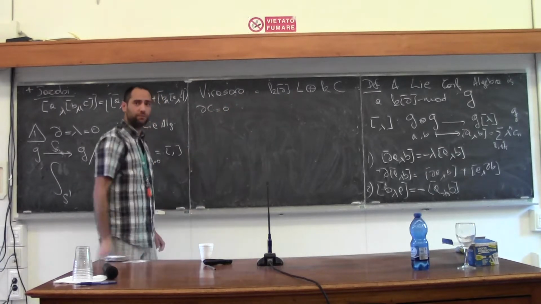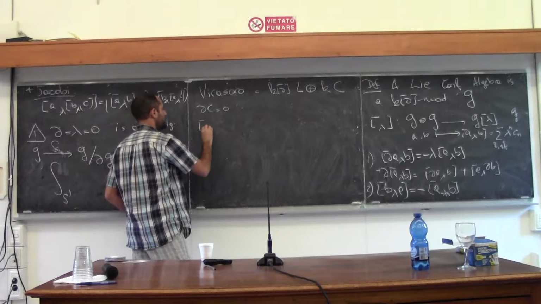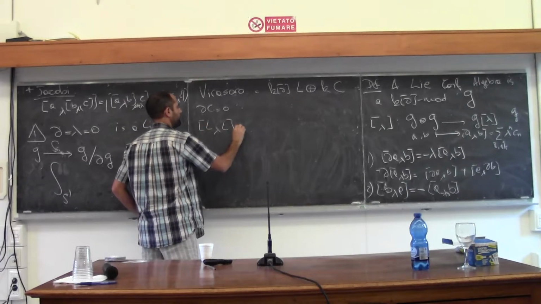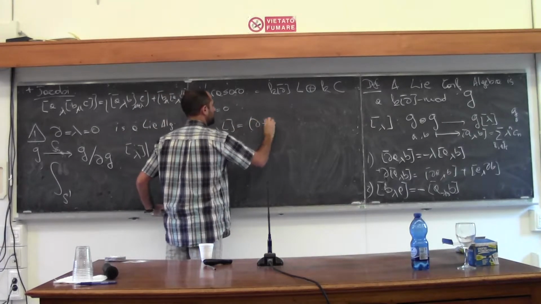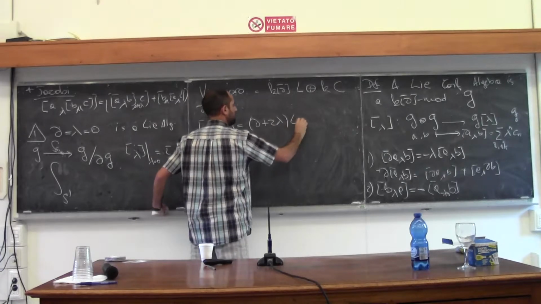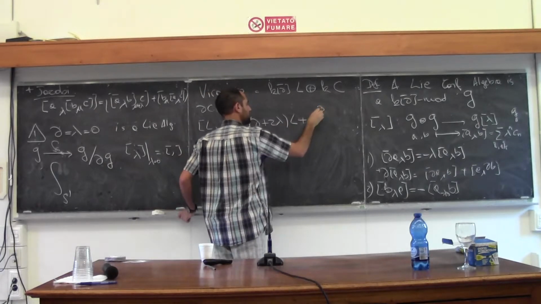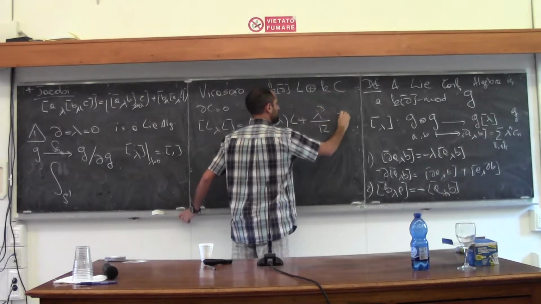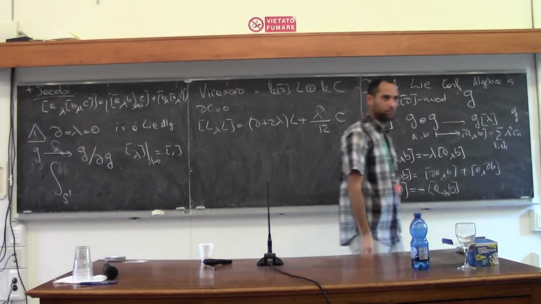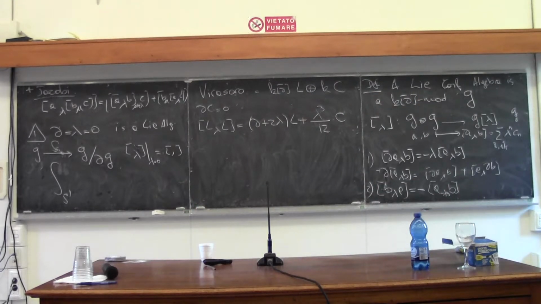C is central, and the bracket is as follows: [L_λ L]. That encodes all the commutation relations of the Virasoro Lie algebra that you know.